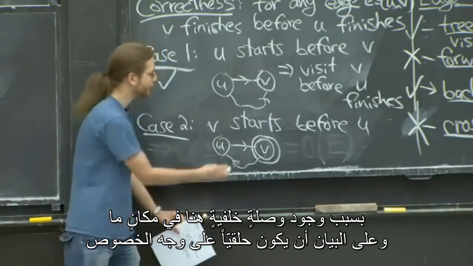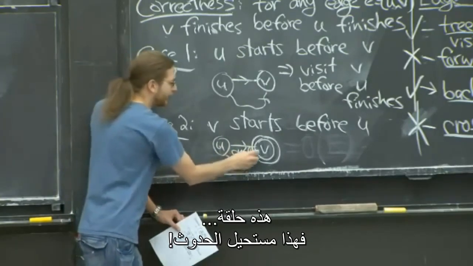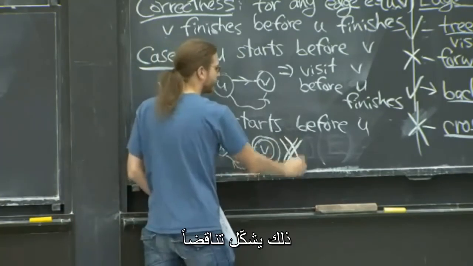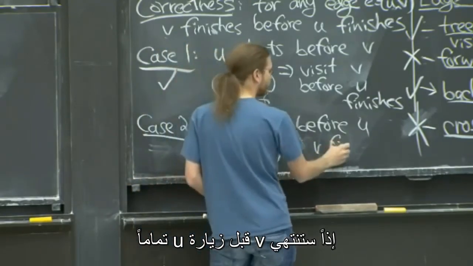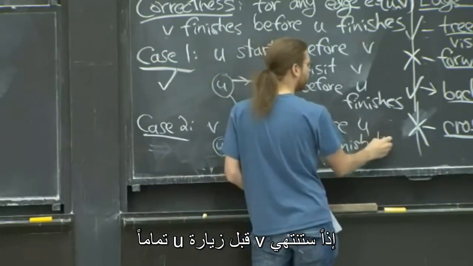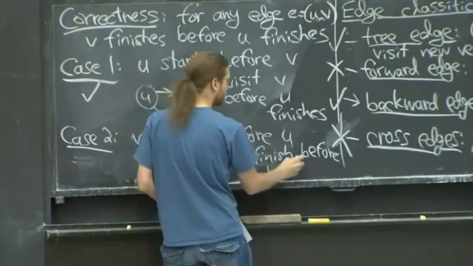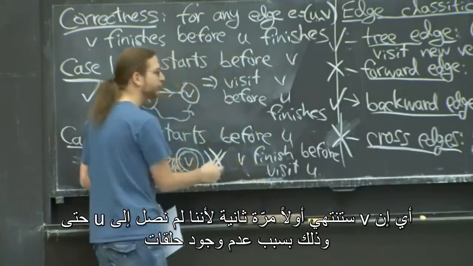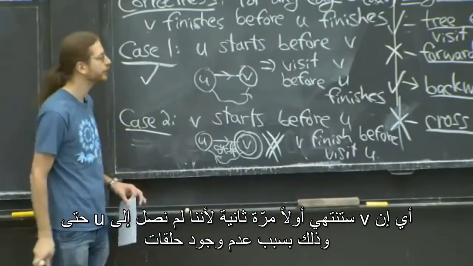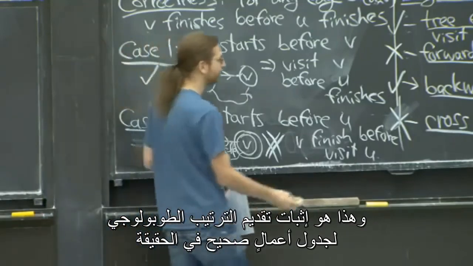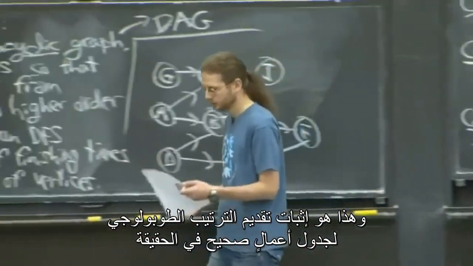In particular, the graph would have to be cyclic. This is a cycle. So this can't happen. A contradiction. So v will finish before we visit u at all. So v will still finish first, because we don't even touch u, because there are no cycles. So that's actually the proof that topological sort gives you a valid job schedule.